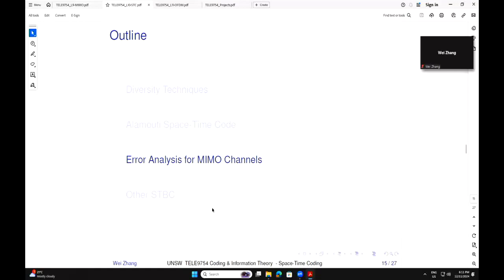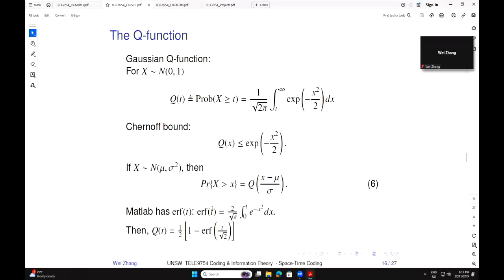Next, we are going to go deeper into the performance analysis of these MIMO channels. I need to give you some introduction to the foundation knowledge of the Q function, because this is the first step to perform the error analysis.